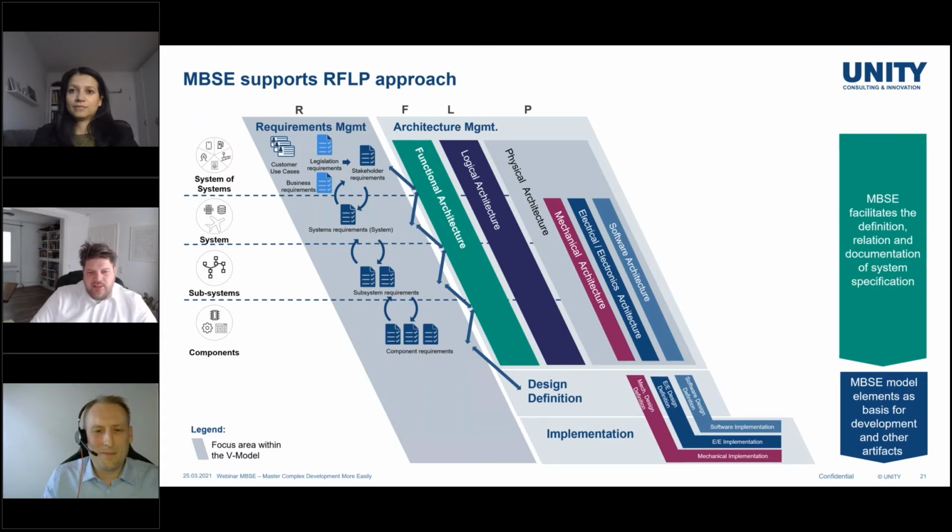By doing that, it facilitates the structured specification, the left side of the V-model, structured specification of a complex system. And it also serves as an interface to low-level design definition, so domain engineering, right? So it gives you the ability to structure the information in a way that the different domains can work with it. The communication is established.